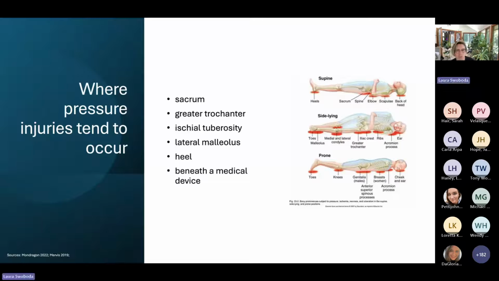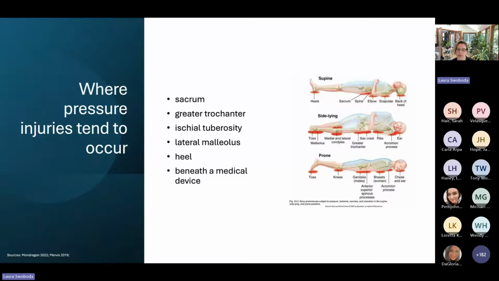Where do pressure injuries tend to occur? So we know the sacrum and the heel are always reported as two of the most common sites. We also see them quite a bit on any bony prominence or under medical devices, right? So depending on patient positioning, which tended to be supine most commonly in acute care.